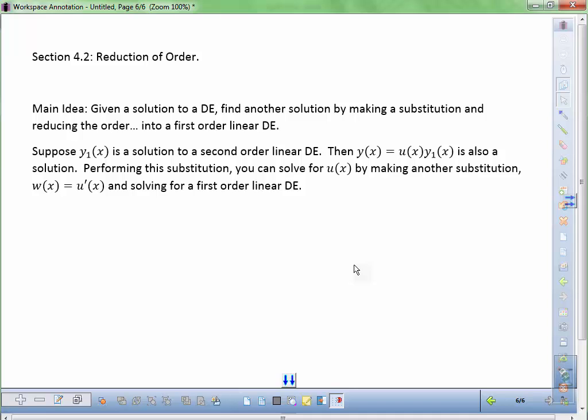But the order is still the same. Oh. Okay. In this reduction of order, you're actually going to rewrite your differential equation from a higher order to one less higher order.